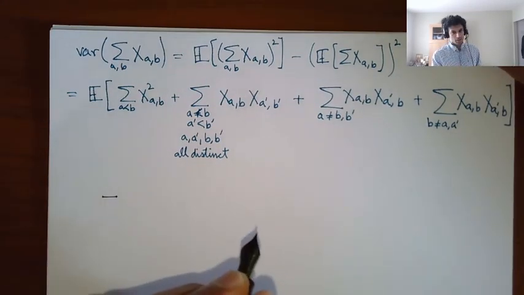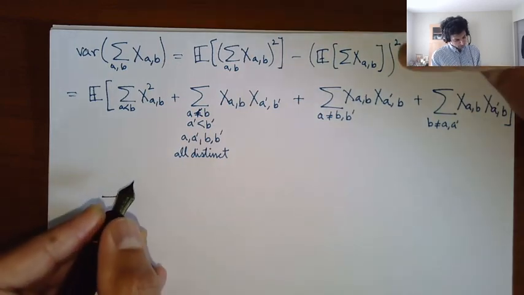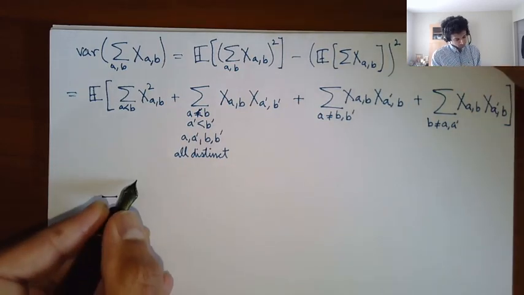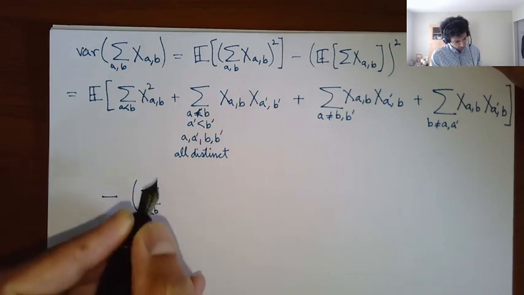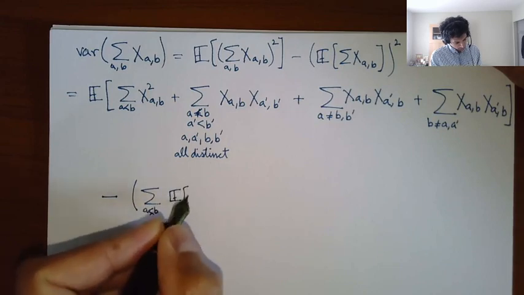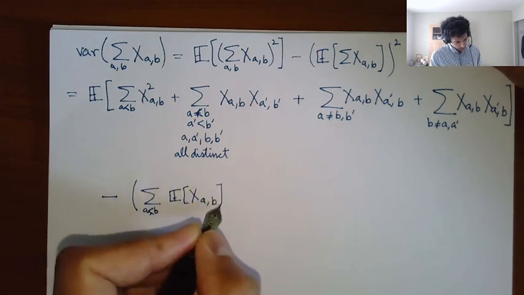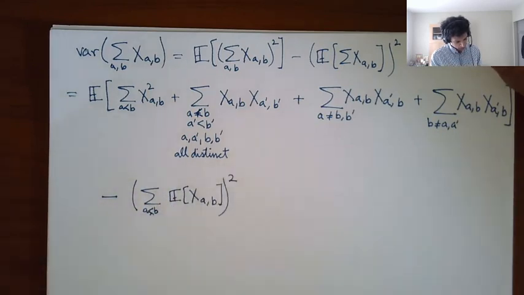Minus what I get from linearity of expectation over here, which I can write as the summation over a less than b of the expectation of xab squared.